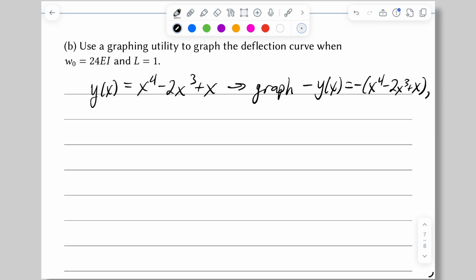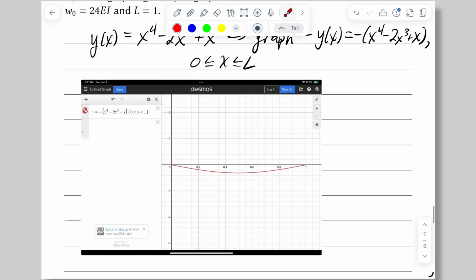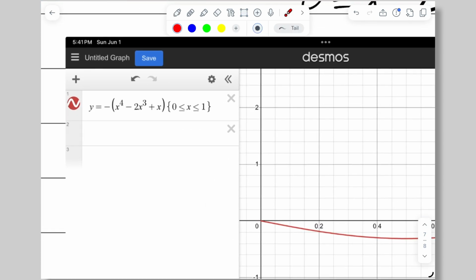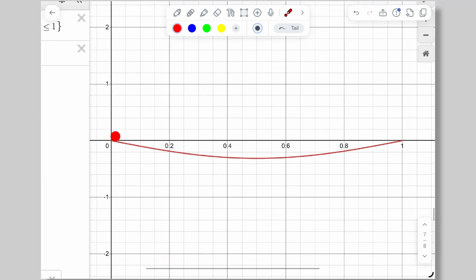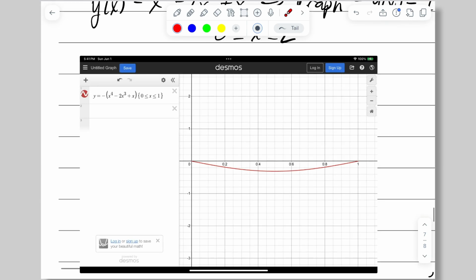And remember that our solution is only good for x between 0 and L. I've used Desmos as my graphing utility. You can see here our solution and then the interval from 0 to 1. And this is a picture of the beam. This curve here is what the beam would look like under these circumstances.